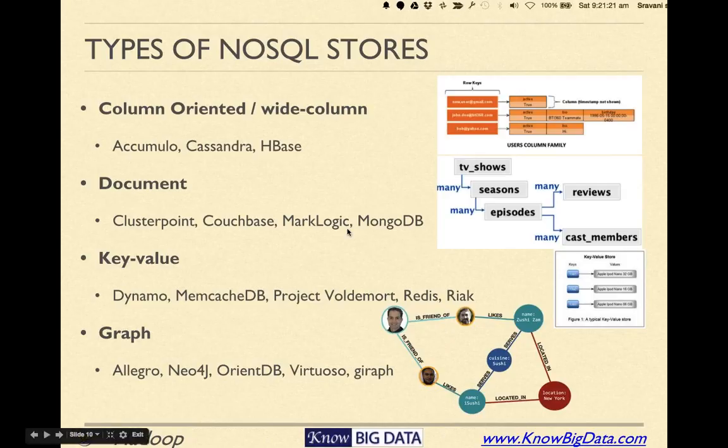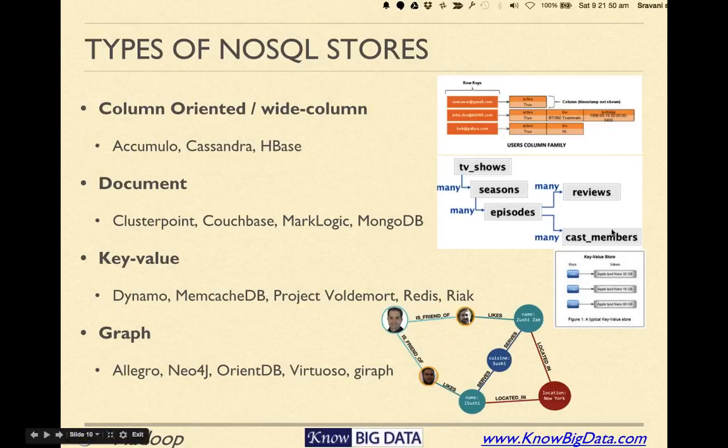Now, this document, this complex object, if you try to store it in MySQL, what will you do? You will create one separate table only for TV shows, then one table for seasons, then a third table which will contain the mapping between TV shows and seasons, and a fourth table called episode, and a fifth table which will represent seasons and episodes.